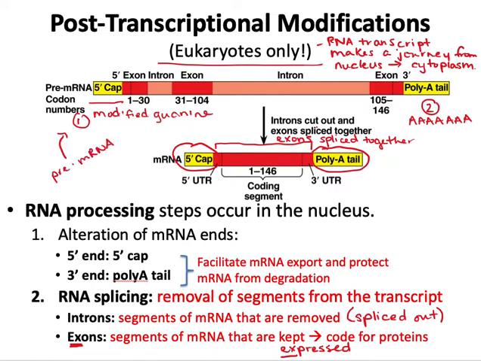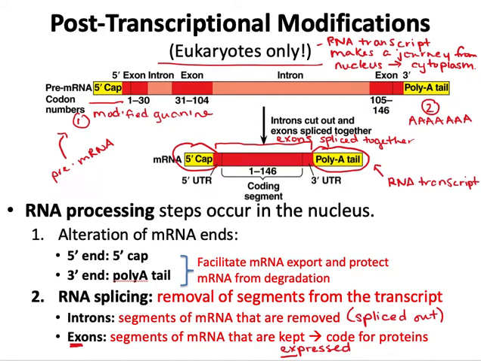And then once these modifications happen, now we have our RNA transcript. This transcript will go through the nuclear pores out into the cytoplasm, and now it's ready to be clamped on by a ribosome and read for translation. So that's the end of transcription and post-transcriptional modification.